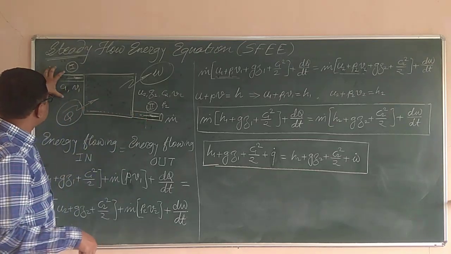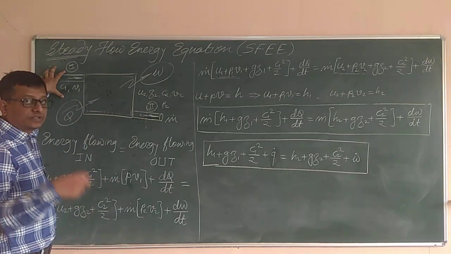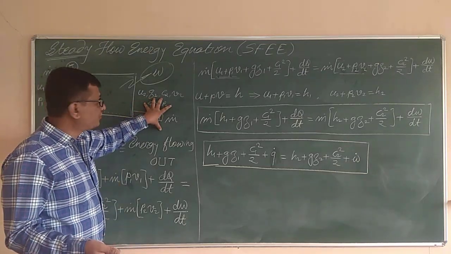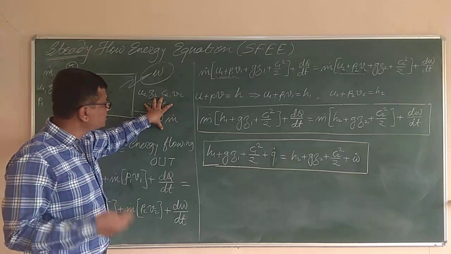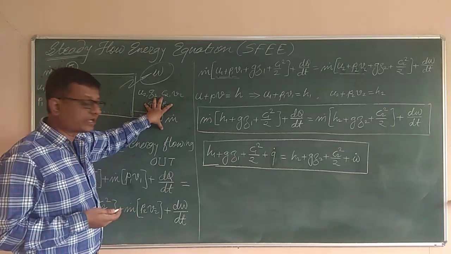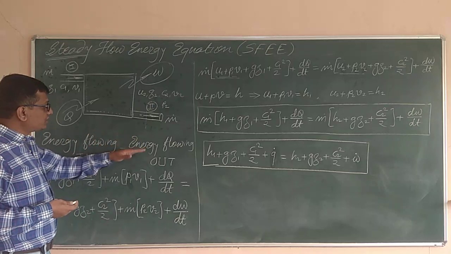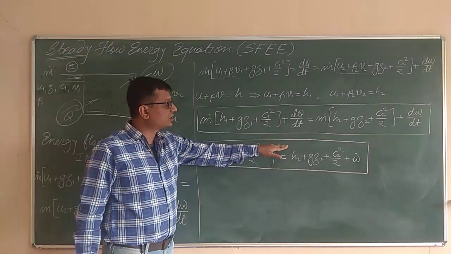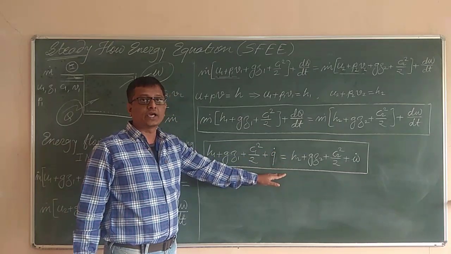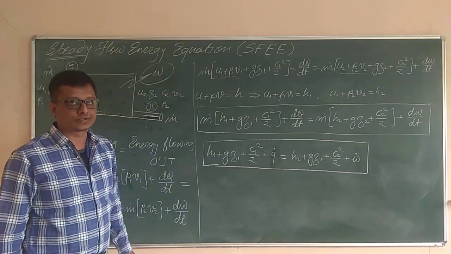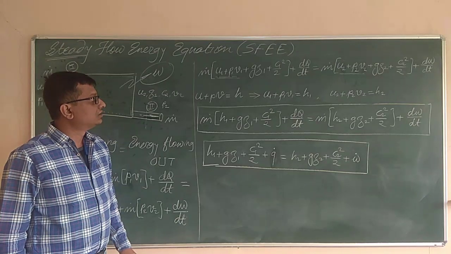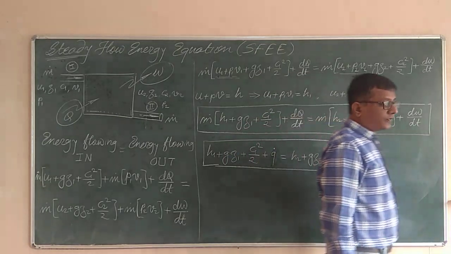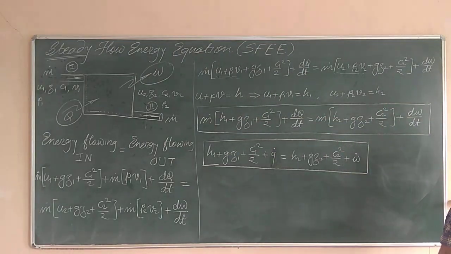If we consider the energies possessed by the fluid coming in and going out, and balance the equation for the steady state condition, finally you will come to this equation, and we call it the steady flow energy equation. This is again one more form of the first law of thermodynamics.